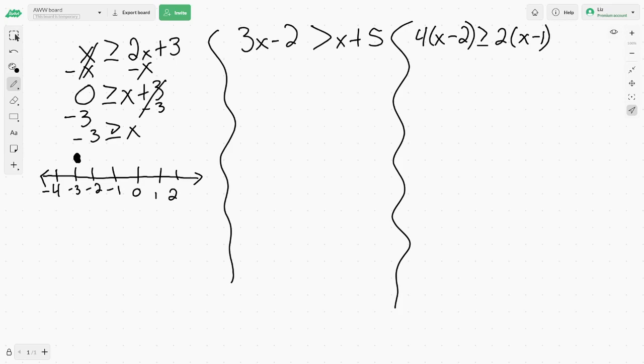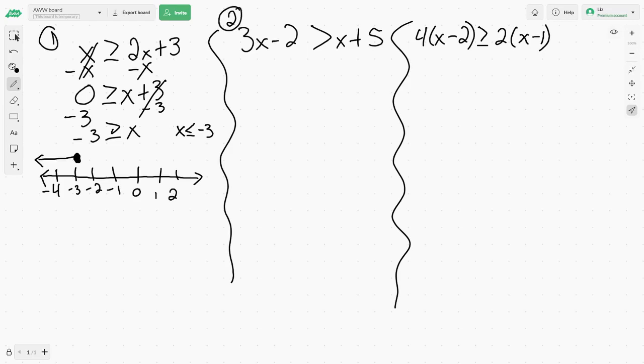But now I have that is greater than or equal to x. So that means x has to be less than or equal to negative 3. If negative 3 is greater than or equal to x, then that means that x has to be less than or equal to negative 3. So there's our answer for our first example.